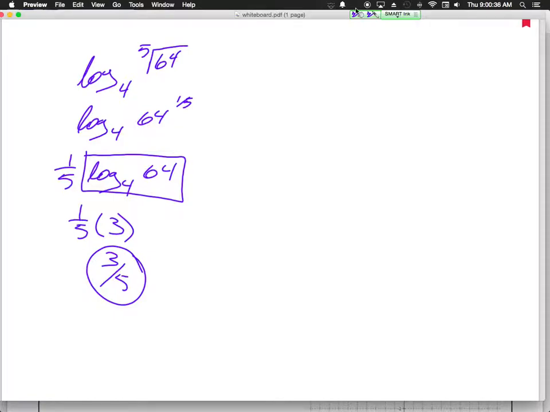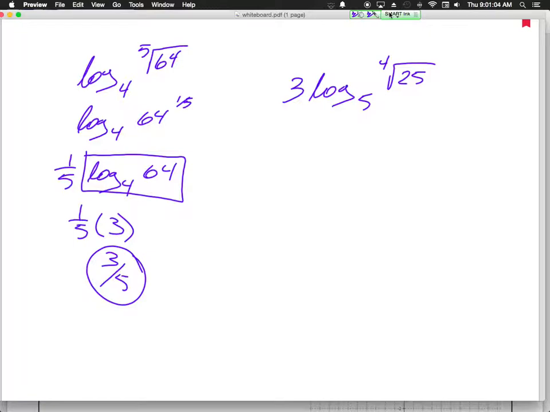All right. Let's do another one similar to this. So I have 3 times log base 5 of the 4th root of 25. So what do I want to do?